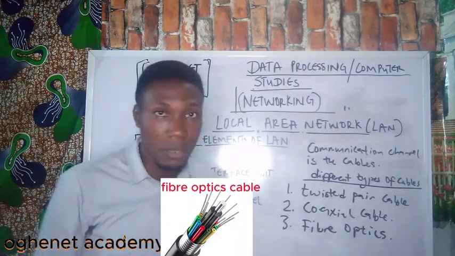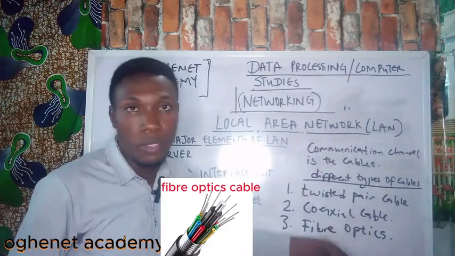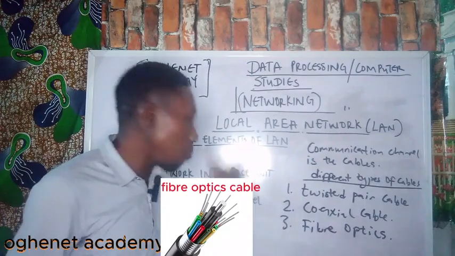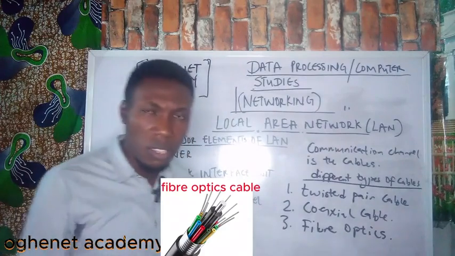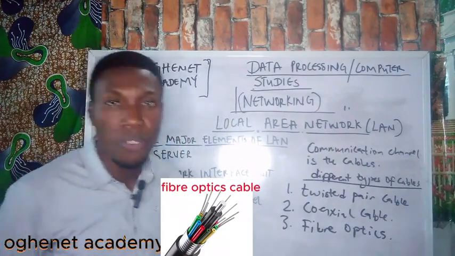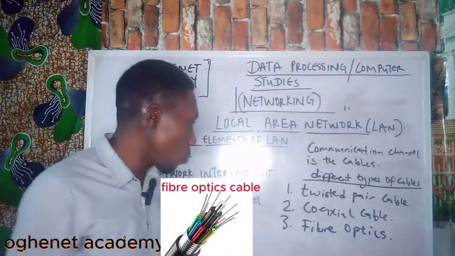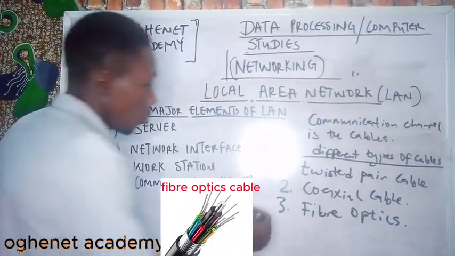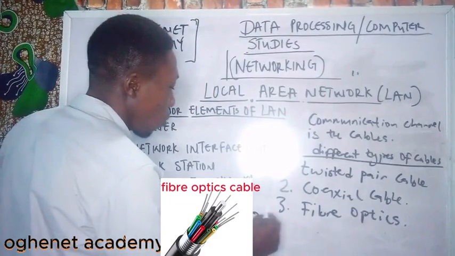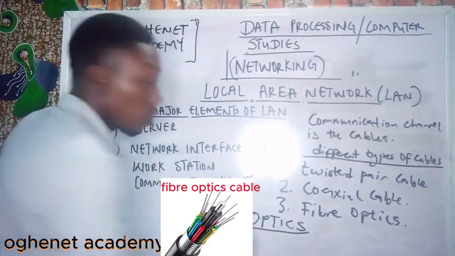The fiber optics. I'm not going to go in depth into the particular principle with which the fiber optics is used in transmission of data, but I'll just give you a surface level explanation. Right. So now, like I was saying concerning the optics, we have what is called optics in physics.